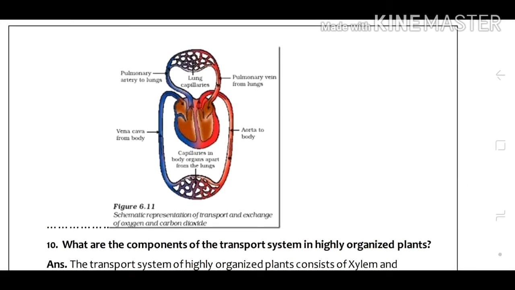So this is the schematic representation of transport and exchange of oxygen and carbon dioxide.